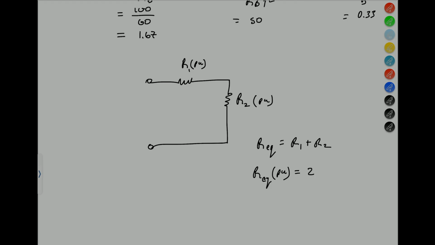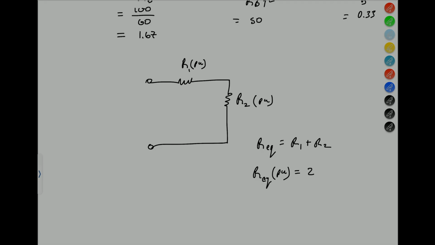Let's just say it's 2. If we're asked to give the equivalent resistance as the actual value, then we would have to have the base by which we divide our actual resistors to get our per unit.